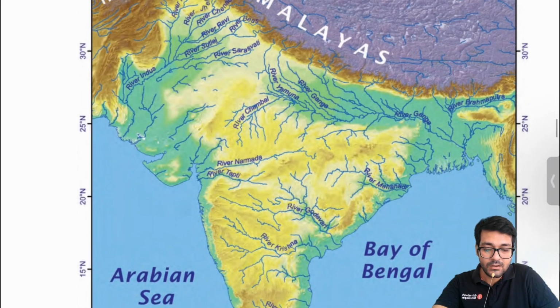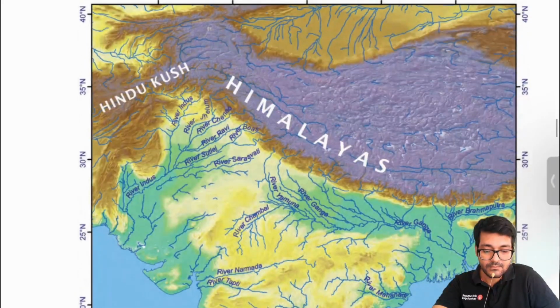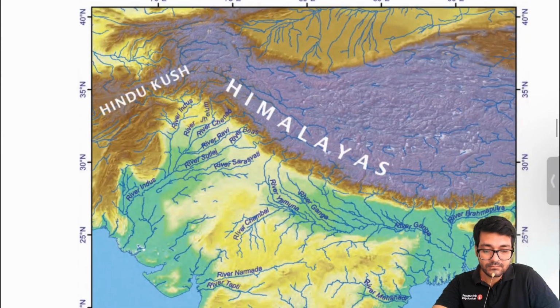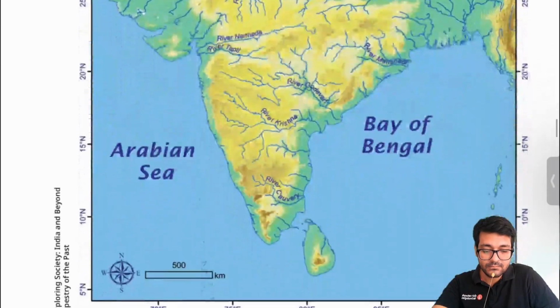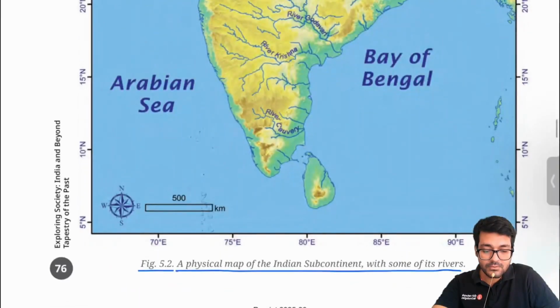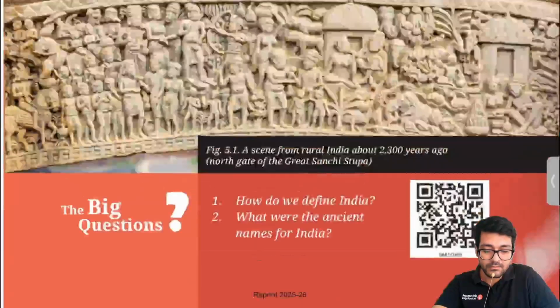You can see a physical map here. This map shows the Indian subcontinent with some of its physical features such as rivers, mountains, plateaus and plains. Let's move to Chapter 1.